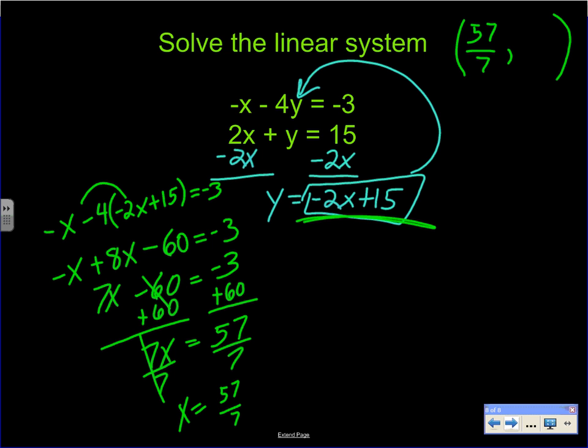So that's what x is equal to. Well, we could take this 57 over 7 and plug it in there for x and work it out and solve for y. We could do that. Since you already know how to do that, I'm going to show you another method, and I think this method works out quickly because the x is almost by itself there.